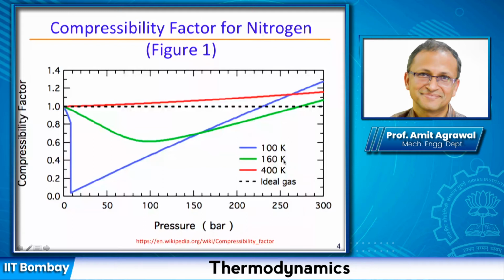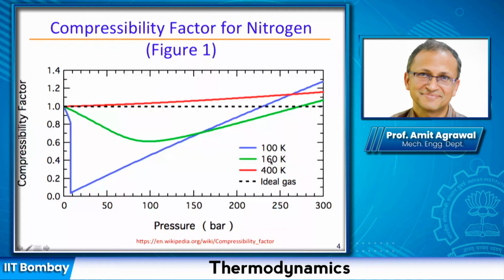So to very quickly look at what is plotted here, there is a blue curve which corresponds to a temperature of 100 Kelvin at different pressures. On my horizontal axis, I have pressure. On my vertical axis, I have compressibility factor. The blue curve corresponds to the compressibility factor at a temperature of 100 Kelvin.